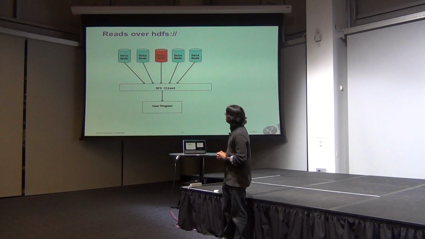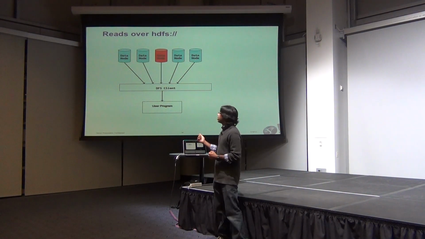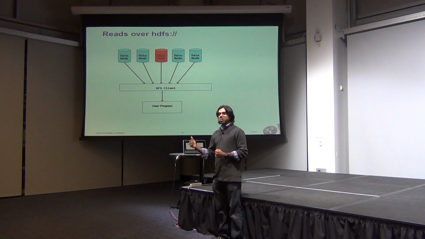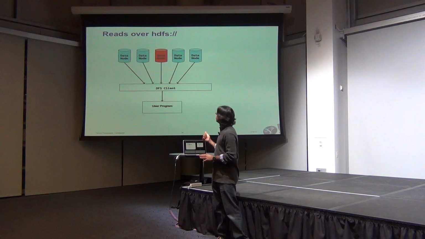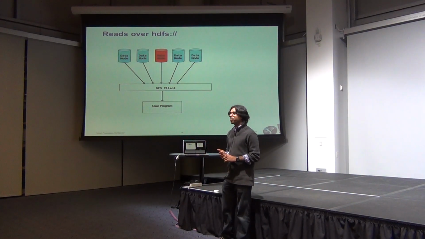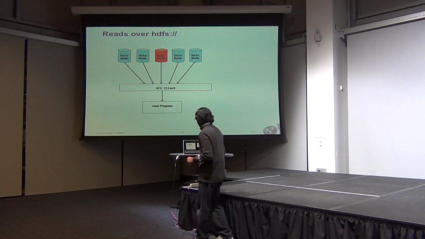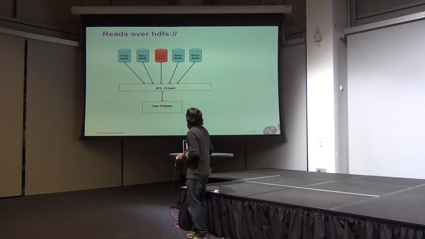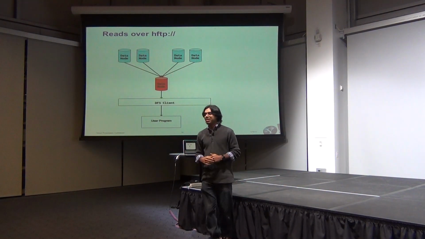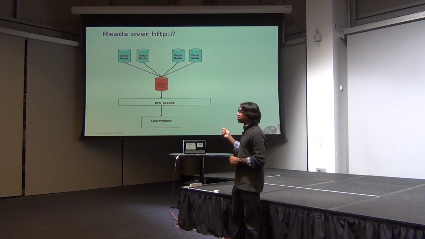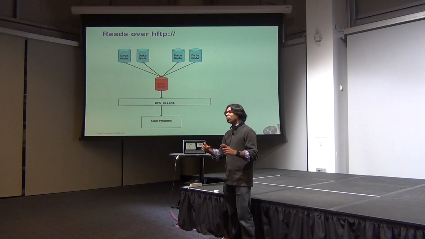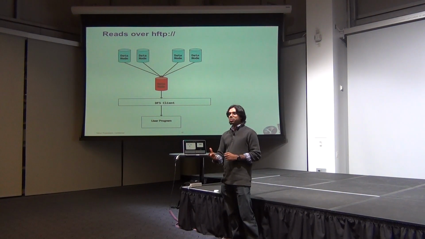Now, it's evident here that if one of the data nodes, for example, the red one, has slowness for some reason, then all blocks served from there are going to be slow. Let's contrast with what happens with HTTP. Very similar, but completely different. So the client opens the connection to one data node.